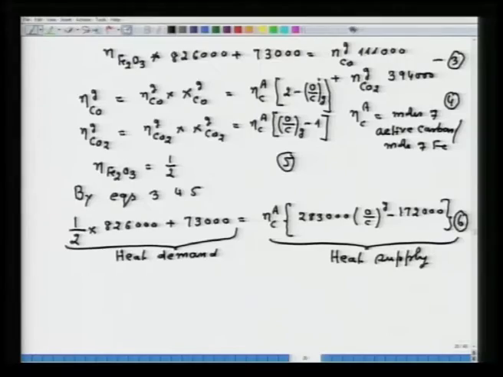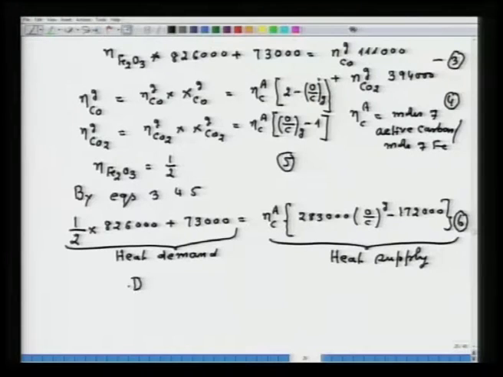Now, the heat demand is a variable. Suppose you are charging iron ore, then gangue and slag are also coming out, so the heat demand is a variable, whereas the heat supply, if it is coming only from carbon in the absence of any other heat supply, is a sort of constant value.